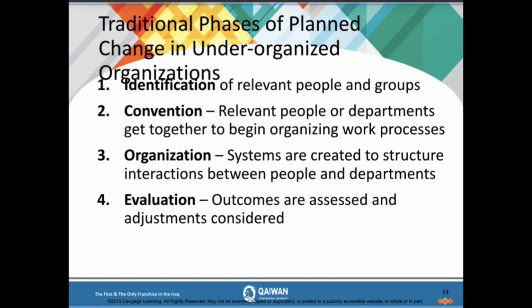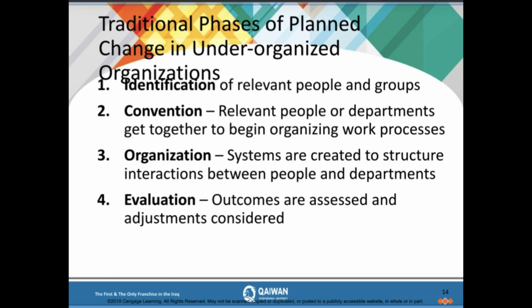At this stage, systems and processes are created to structure interactions between people and departments. For example, job responsibilities may be clearly defined, reporting relationships established, and communication channels set up. So this is the organizational phase.